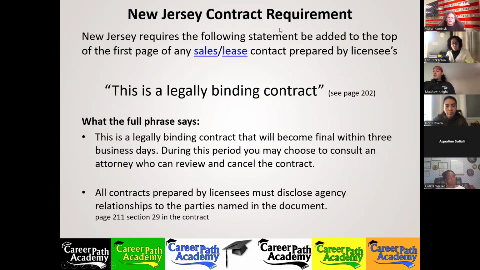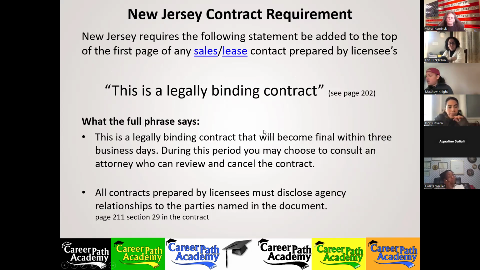So on top of the first page of a sales contract, the sales or lease contract, it says this is a legally binding contract. Now, it says a little more than that, but for exam purposes, that'll probably be the answer you select, because they're not going to put down the full paragraph. They'll just say, this is a legally binding contract.